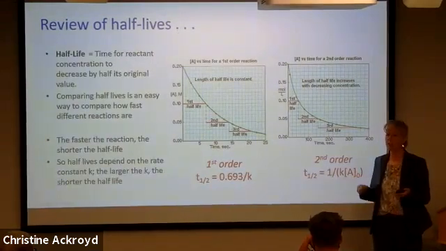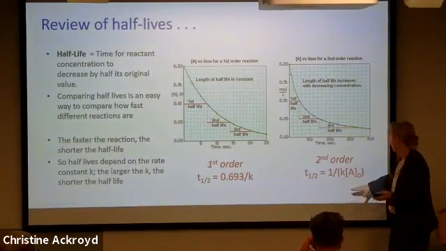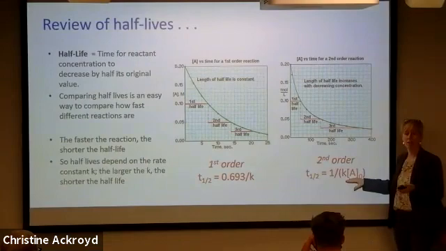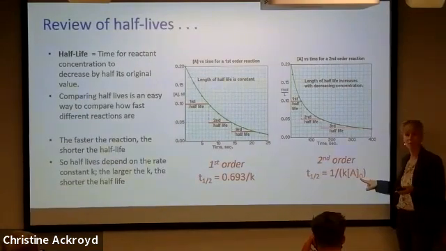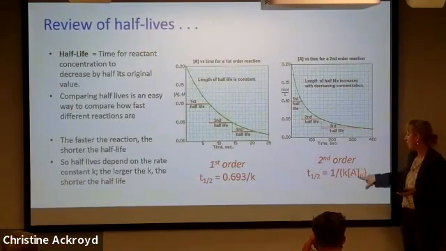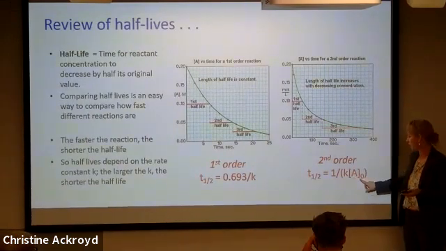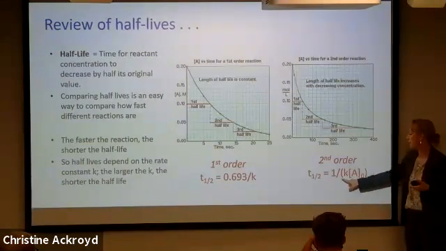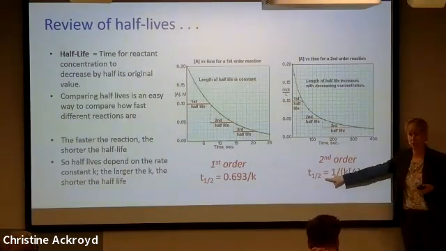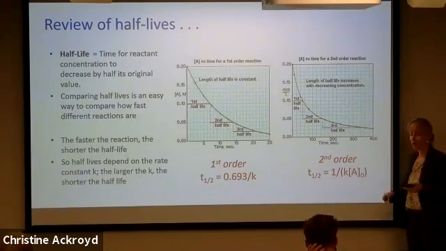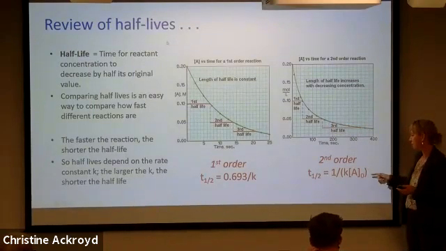Yes. Does it depend on anything else? Yes. What is this? Square brackets around A with a 0. Starting concentration. Okay, so the square brackets mean concentration. So this means our starting material concentration at time equals 0, where time equals 0 reflects the start of the half-life. Okay, so think about this.